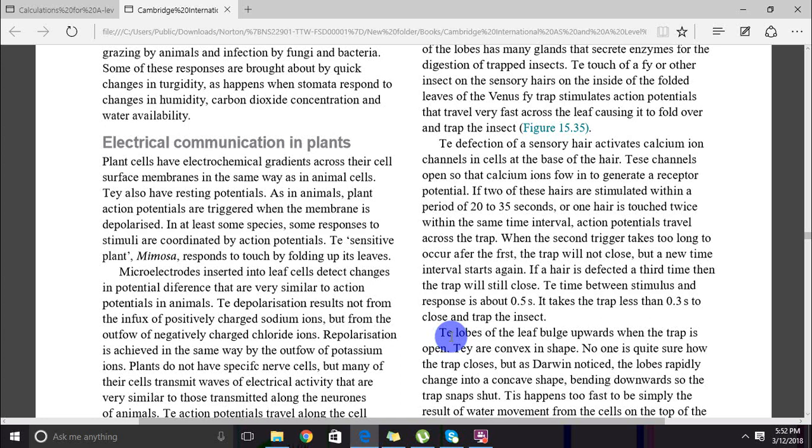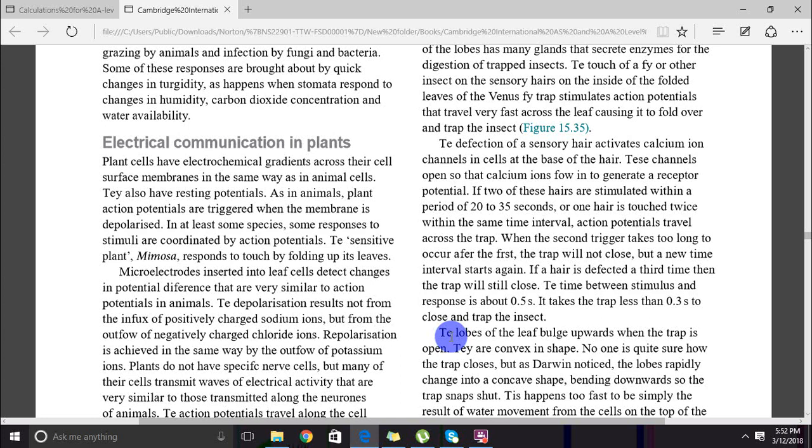So microelectrodes, if they're inserted into leaf cells, detect changes in potential difference that are very similar to action potentials in animals. However, the depolarization results not from the influx of positively charged sodium ions but from the outflow of negatively charged chloride ions.